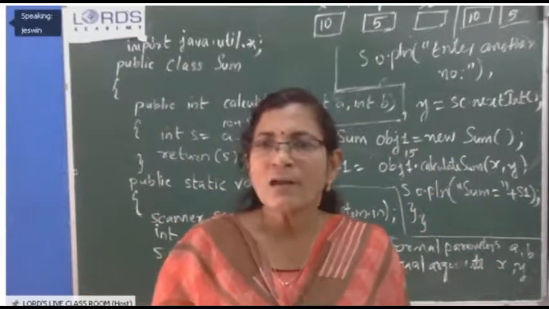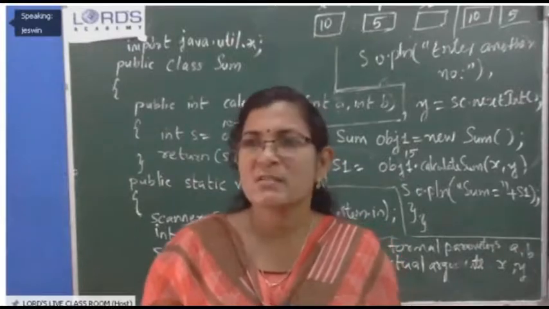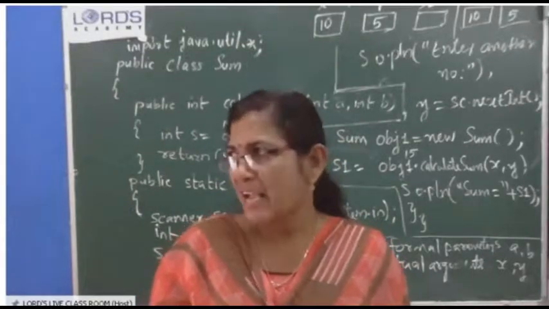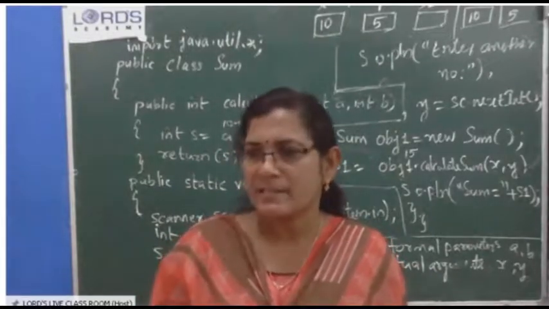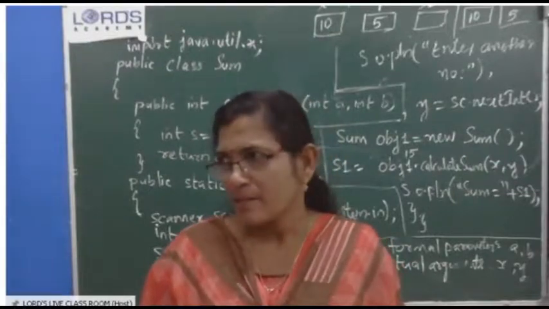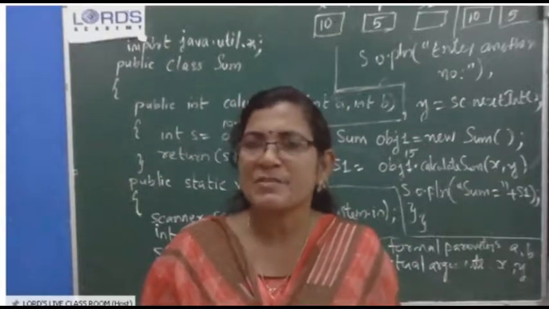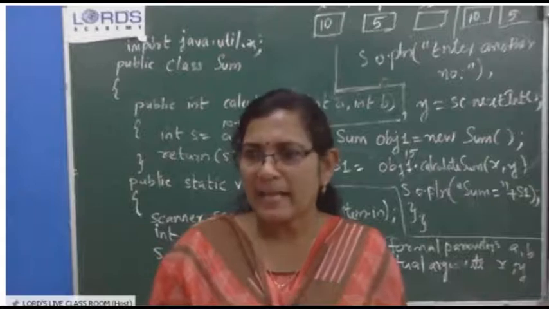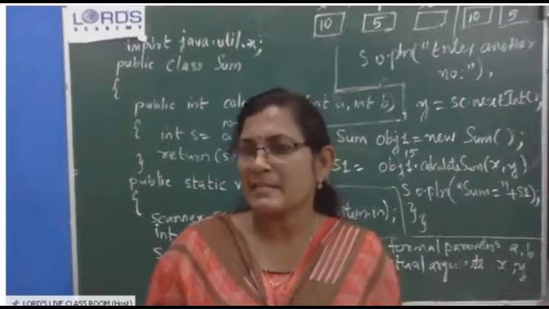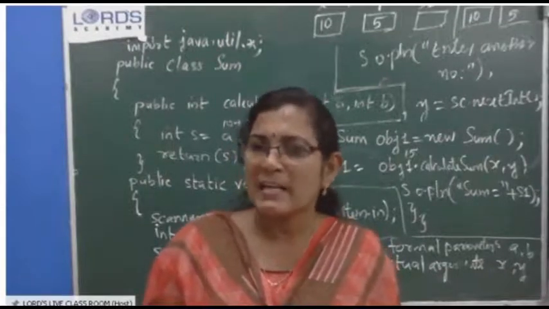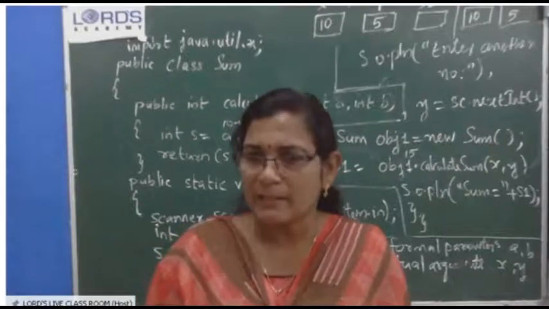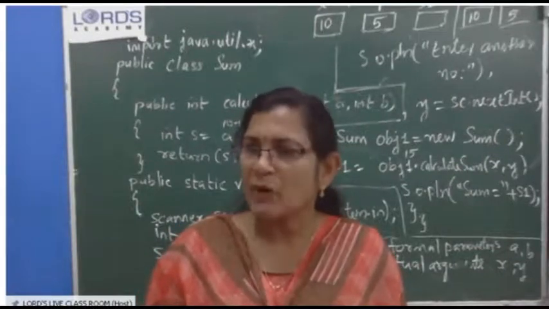So, ICSE question, 2 marks question: differentiate between actual parameters and formal parameters. This question is asked many times. Actual parameters are the list of variables used at the method call, or at the time of calling the function.